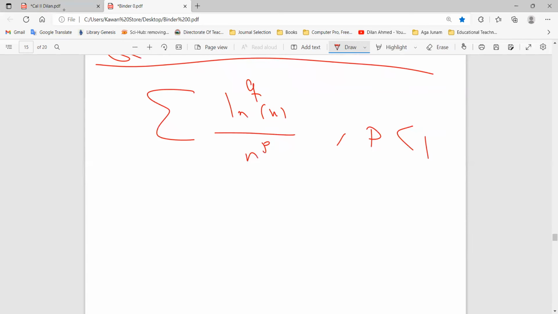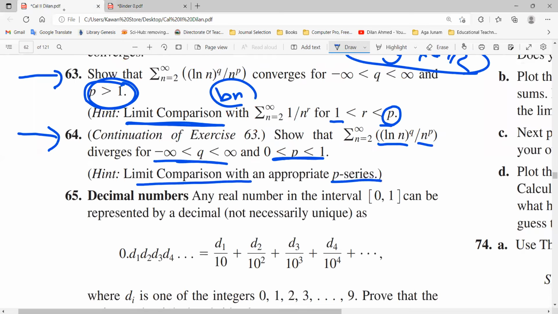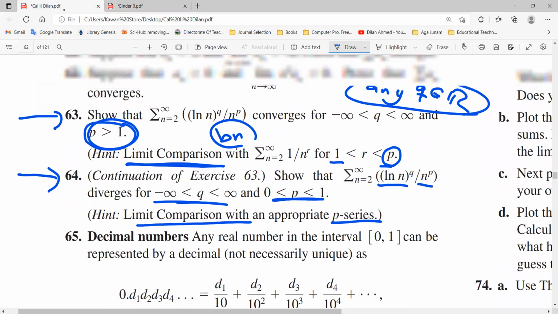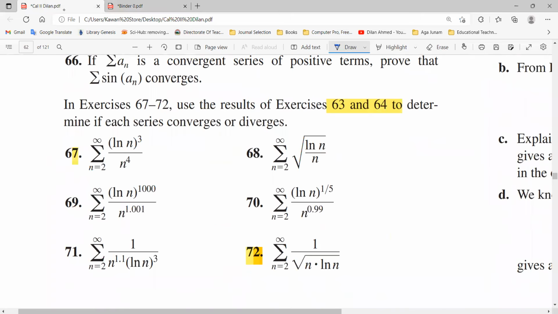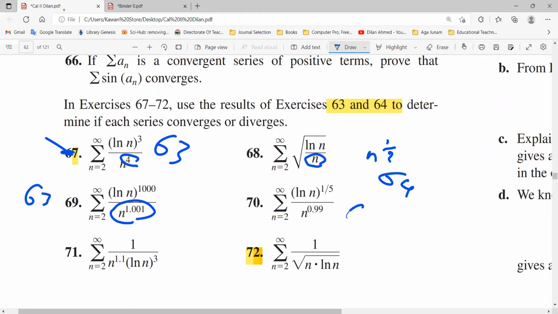Understood? Like that. So use these two to solve these all together. n to the 1 over 2 here. n greater than 1 by something, right? So 63, that one. 64. How about that one? You know what I mean.